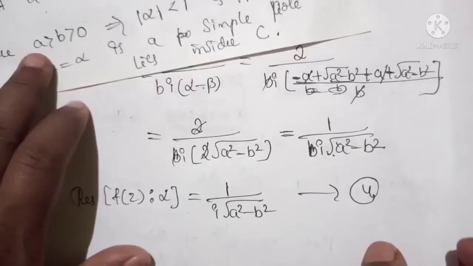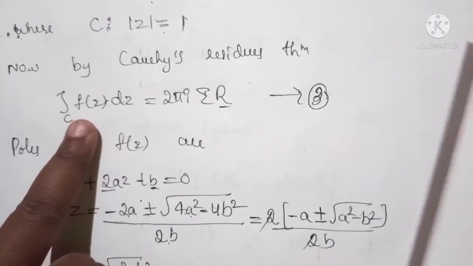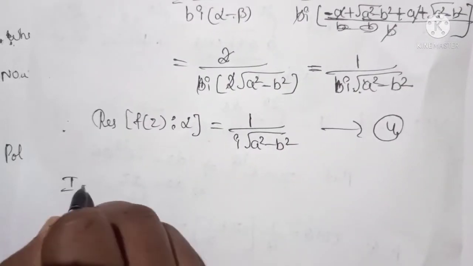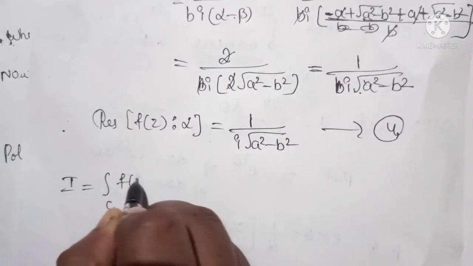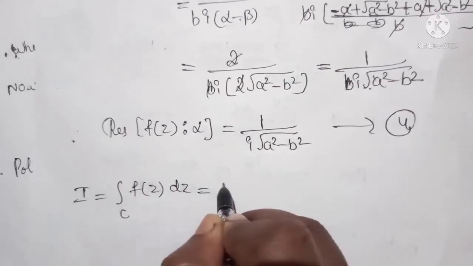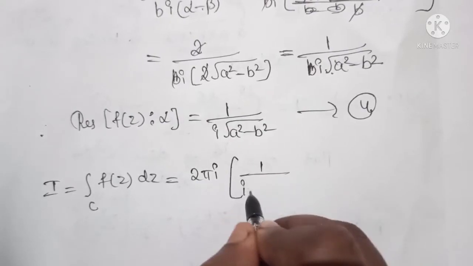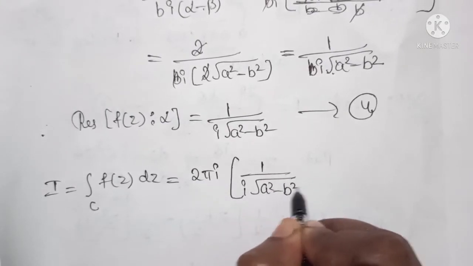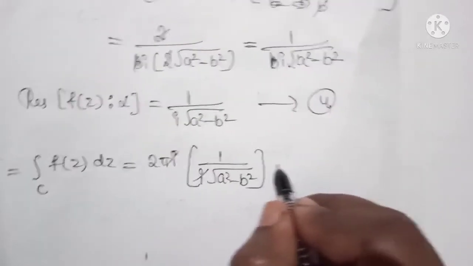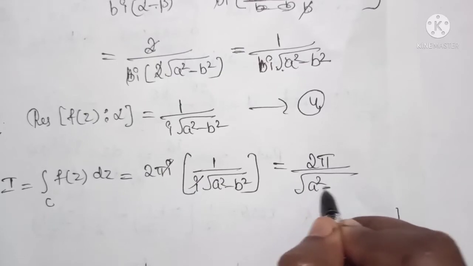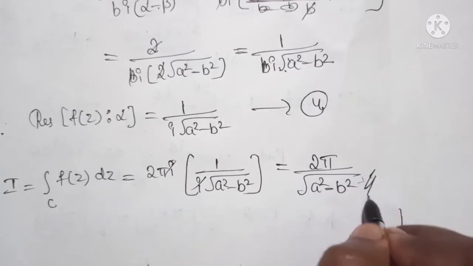Now substituting this equation 4 into Cauchy's residue theorem, we get I equals integral c f of z dz equals 2 pi i times 1 by i root of a square minus b square. i gets cancelled. We get 2 pi divided by root of a square minus b square. So this is the required answer.